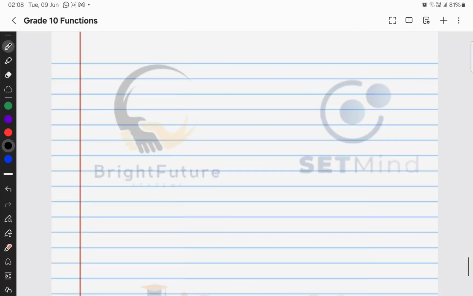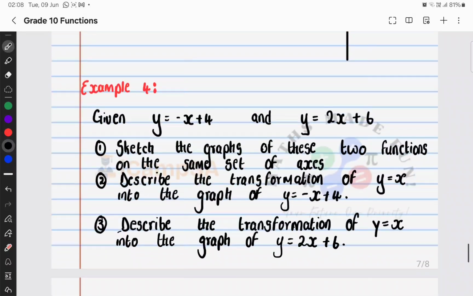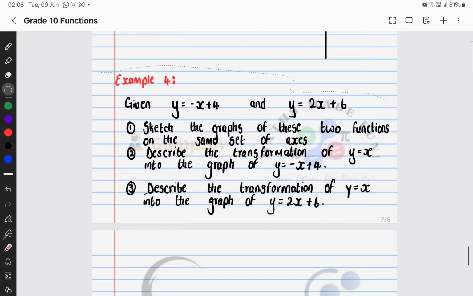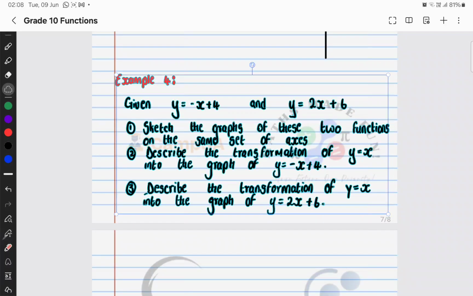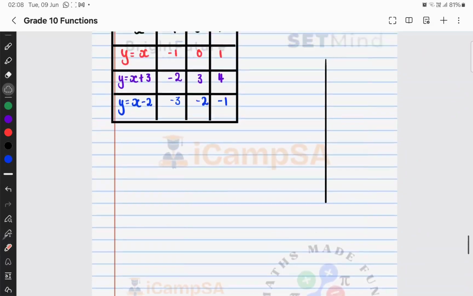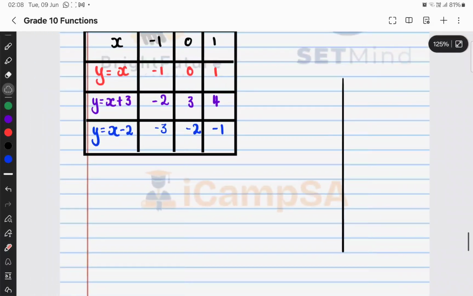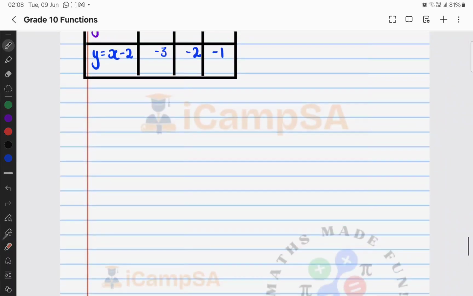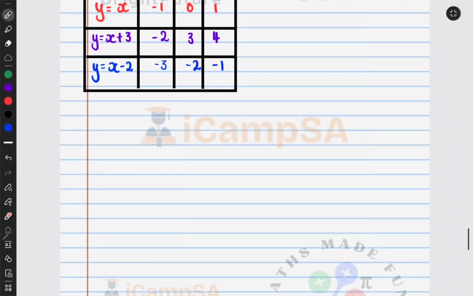Oh, we actually have a blank page here, so I can shift so that we can get more space for this example here. And then let's sketch.